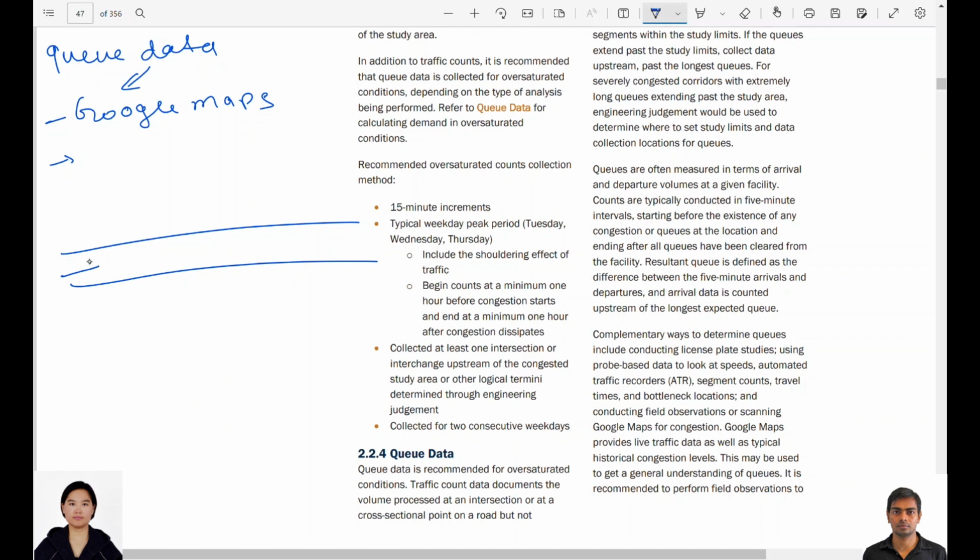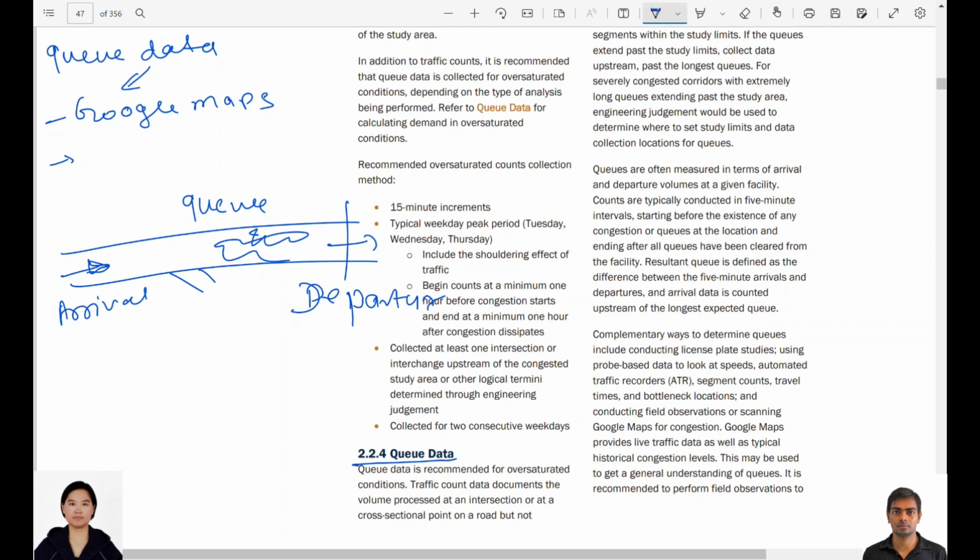So let's say vehicles are under free flow here, it's called the arrival rate, and there is a bottleneck, and then we know the departure rate. So the arrival volume and departure volume, or arrival rate and departure rate, and the difference between these two, assuming that we account for ramps and everything, will give us the queue on the freeway. So that's how we can gather the queue data.